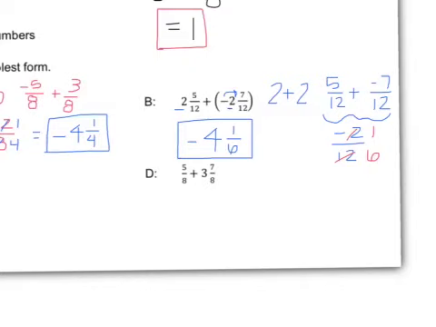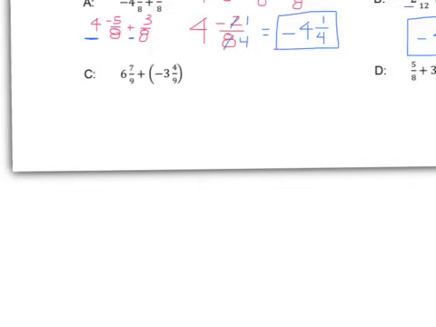All right, let's go ahead and try C. For C, we have a 6 and 7/9 and a -3 and 4/9. We're going to move that negative again, get rid of it from the 3, put it with the 4. So we have a 6 plus 3, and we have a 7/9 plus -4/9. 6 plus 3 is 9. 7 plus -4 is 3/9.